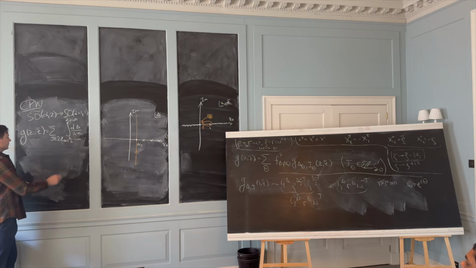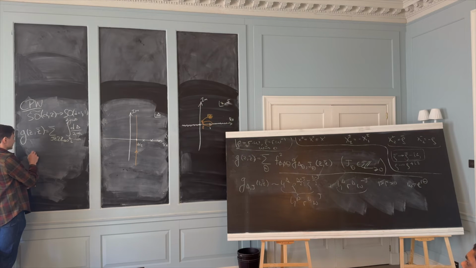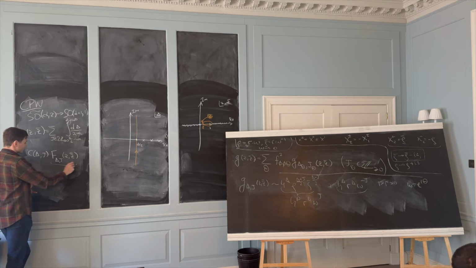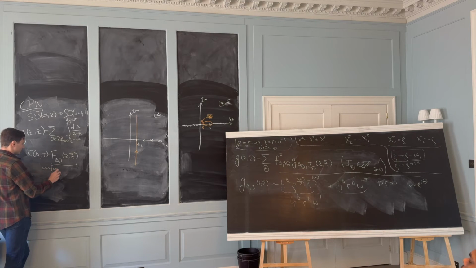And the integrand, what we're integrating, is some function c of Delta and j, times F of Delta, j of z, z bar. So this is the conformal partial wave, what is sometimes called the conformal partial wave.